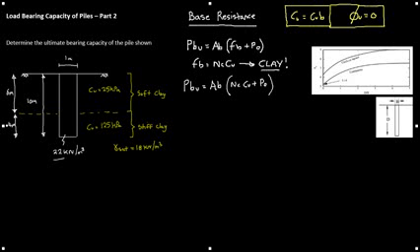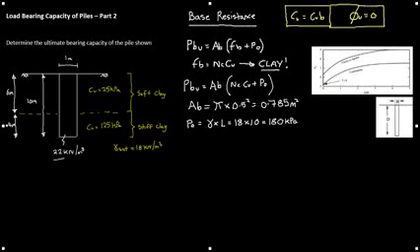AB is the area of the base, and so pi r squared, pi times 0.5 squared equals 0.785 meters squared. P0 equals the overburden pressure at the base of the pile, so it's gamma times the length of the pile, so that's 18 times 10 equaling 180 kilopascals.